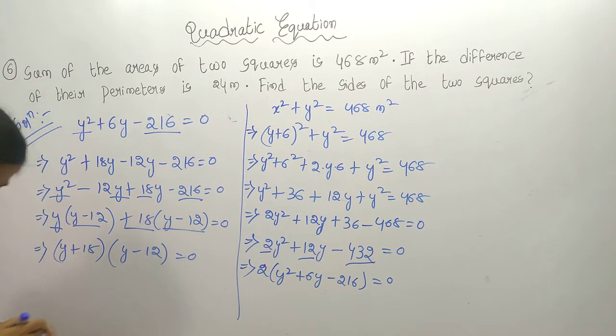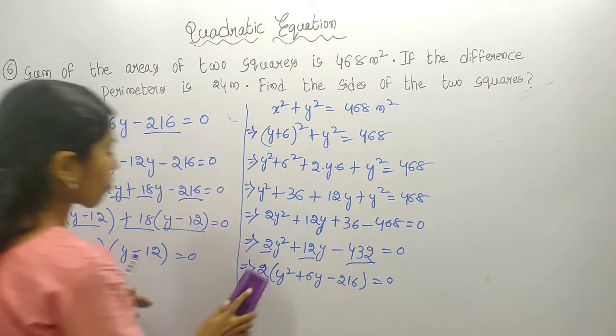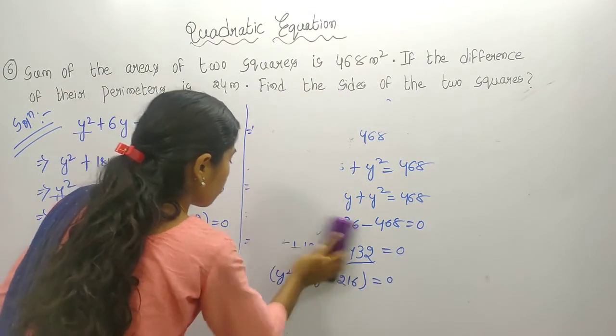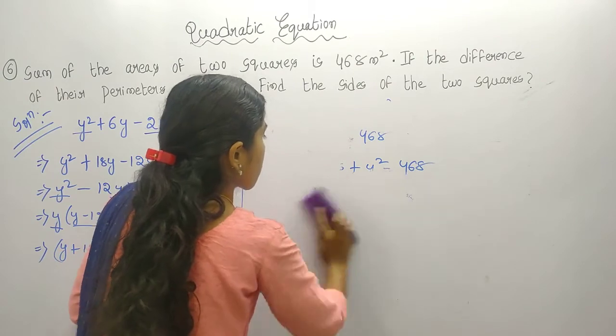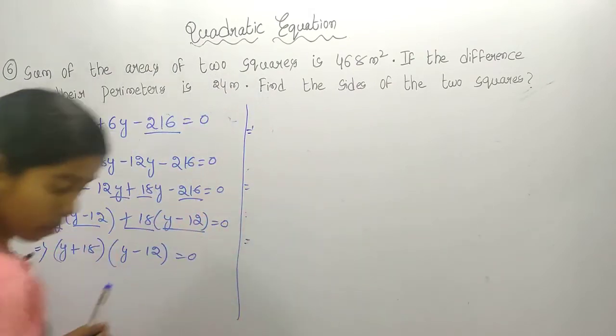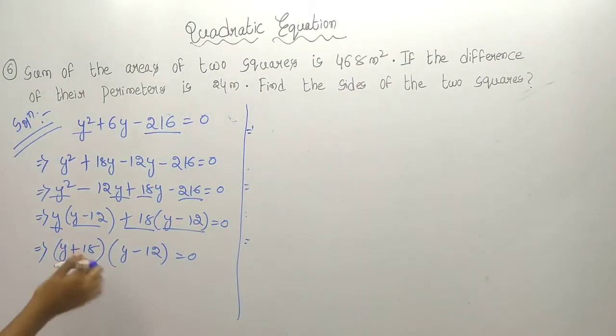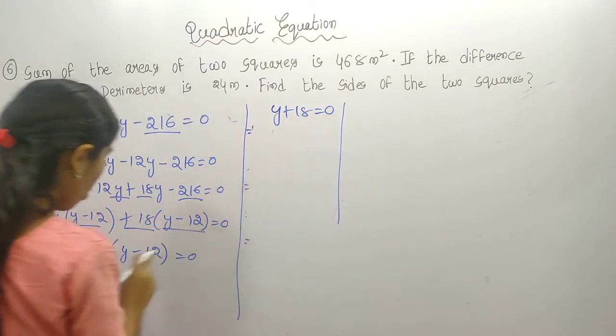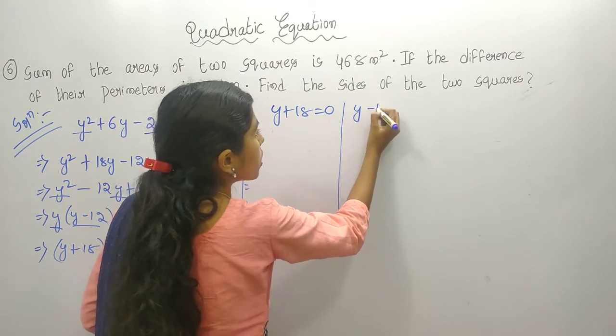Okay, so what will happen? Here you see, it will become y plus 18 equals 0. Again another one is y minus 12 equals 0.